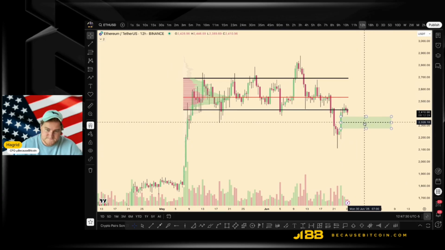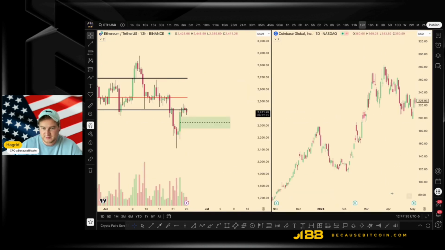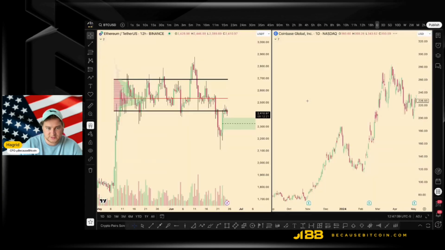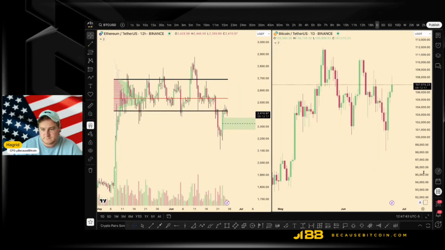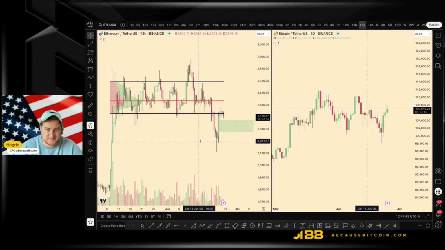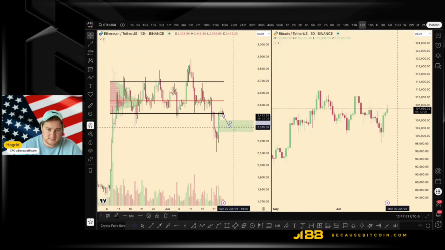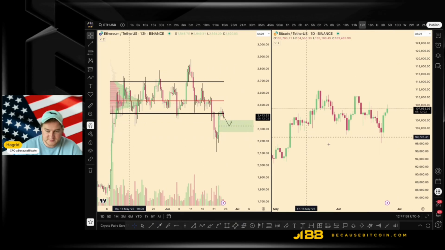Now, we've got to take some things into consideration. Let me show this real quick. Okay, if ETH were to come down into 2320, like I just said, that's where we would look for a bounce, right? That's where I would look for bulls to step in.